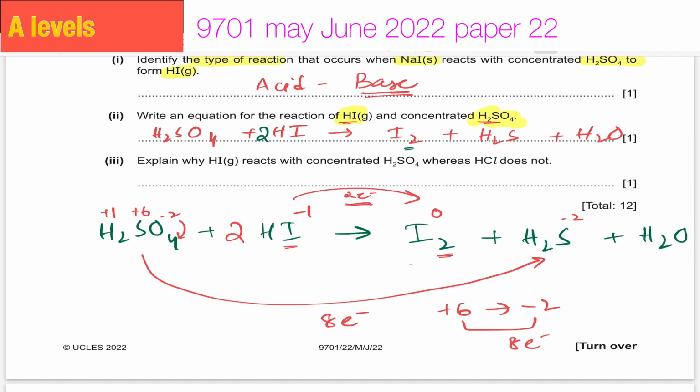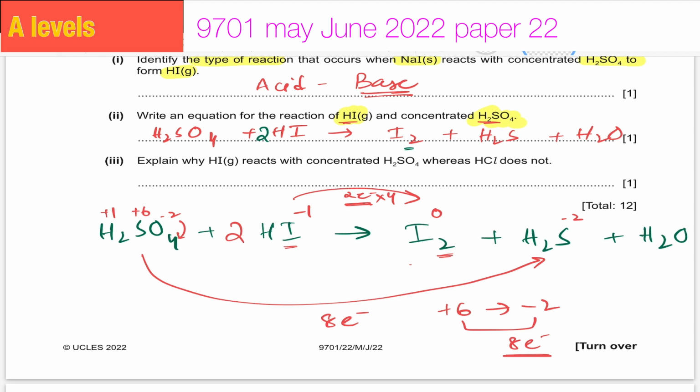Loss and gain of electrons are not balanced: the gain of electrons is 8 and the loss is 2. To balance loss and gain of electrons, we multiply this 2 by 4. So loss and gain will get balanced, which means we have to multiply HI and I2 by 4.